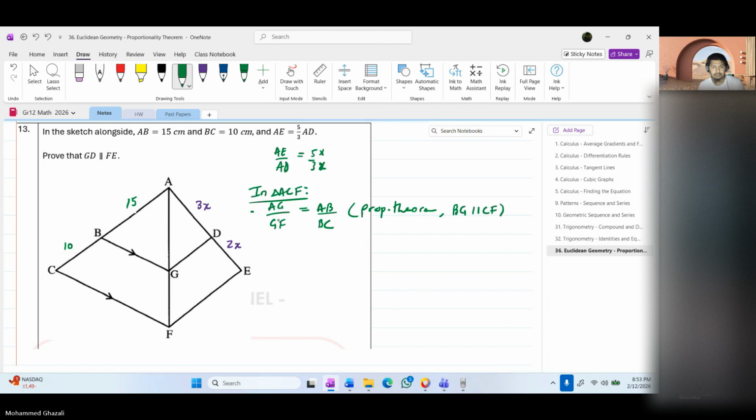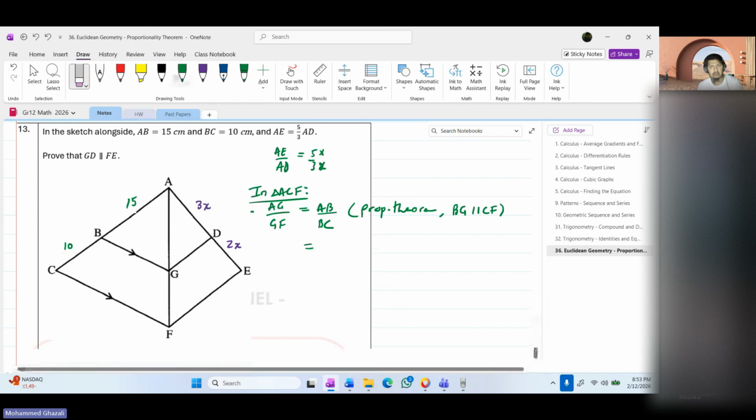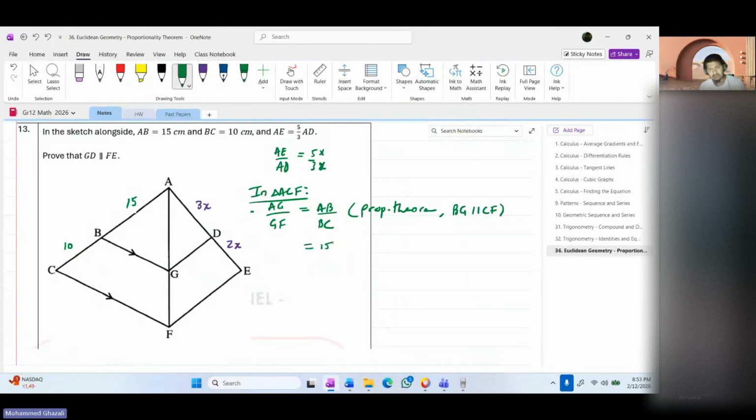Now, what is AB over BC? AB over BC is 15 over 10, that's how we got 3 over 2.